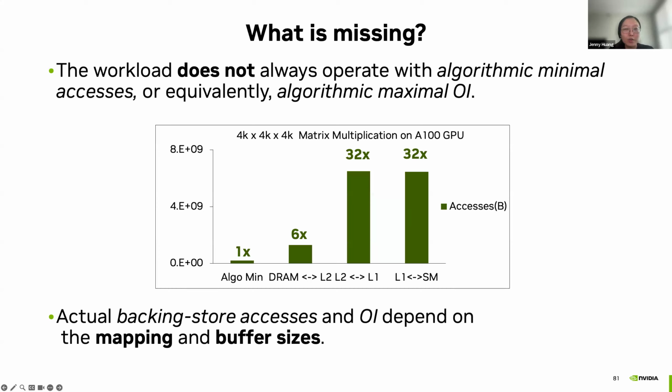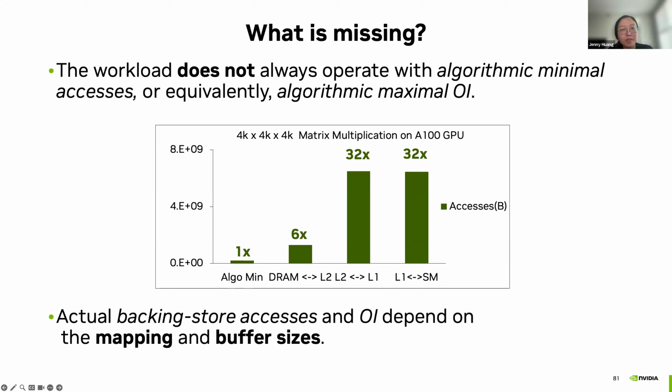And here is an example showing why there's such a gap. We're showing a real workload running on A100. You can see that the actual backing store accesses at different memory levels for matrix multiplication are much larger than the algorithm minimum data movement counts, compared to the algorithmic minimum.